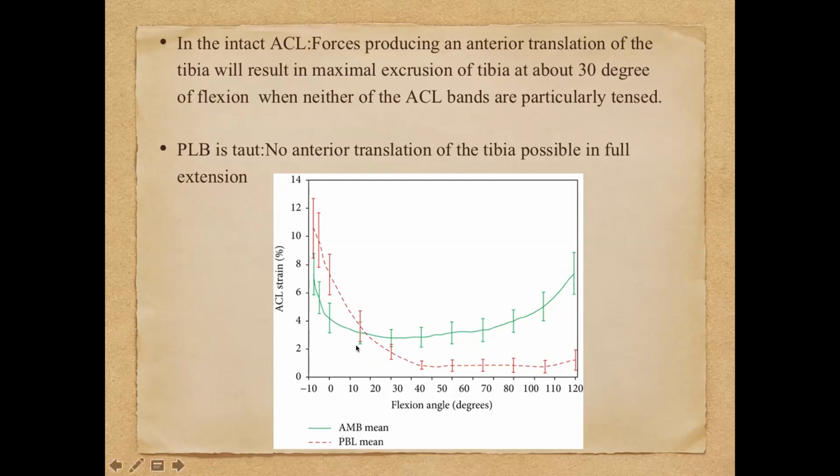In this diagram, at minus 10 degrees of hyperextension the PL bundle is strained, and it gets relaxed when it becomes sag or loose at 120 degrees of flexion. Both bundles are loose or sag at 30 degrees of flexion. If the PL bundle is taut, no anterior translation of the tibia is possible in full extension.